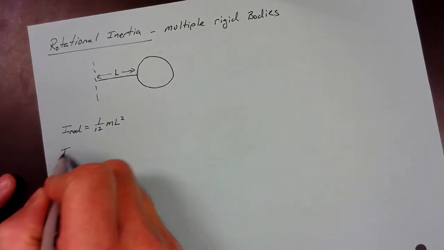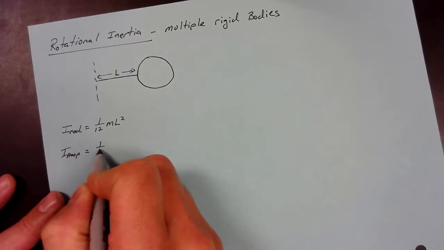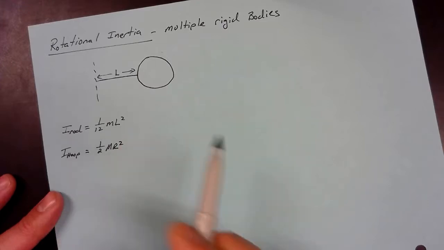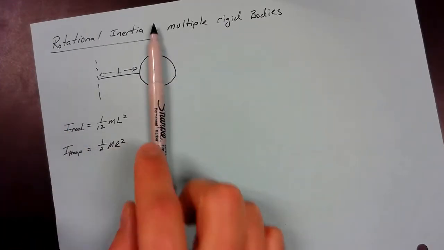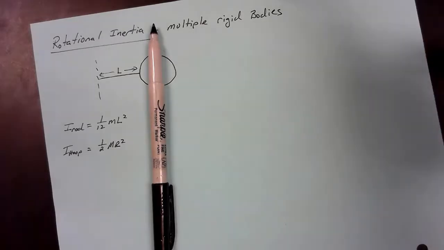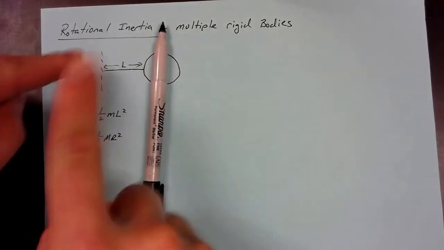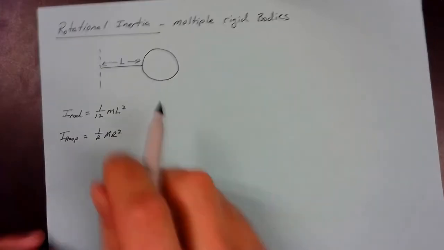For the hoop, it's 1/2 mr squared if it is rotating around its center axis. All right, so like spinning a roll of tape on a table or something like that. So it would just rotate that way. All right.